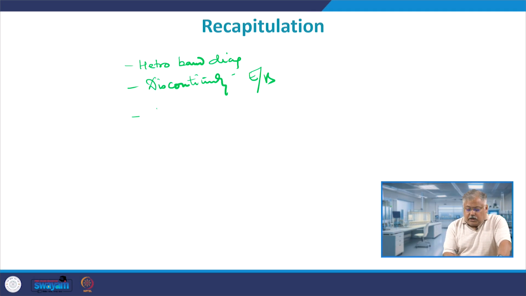We looked into the heterojunction PN junction diode in both forward bias and reverse bias. In both, we looked into majority carriers and minority carriers, and we explained how the current gets influenced in a heterostructure-based PN junction diode.